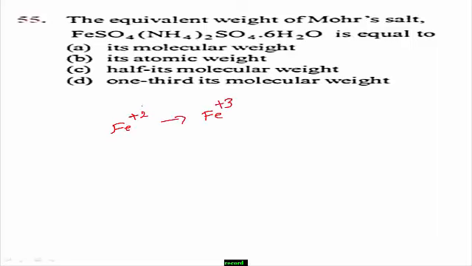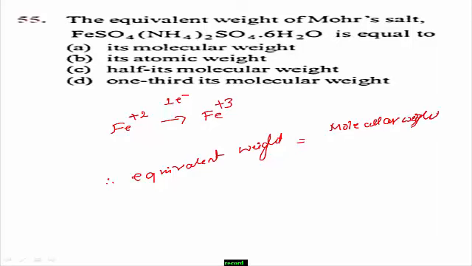It means change in one electron, right? Therefore, remember this formula: equivalent weight is equal to molecular weight divided by 1. Molecular weight is equal to 392. Right? 392.